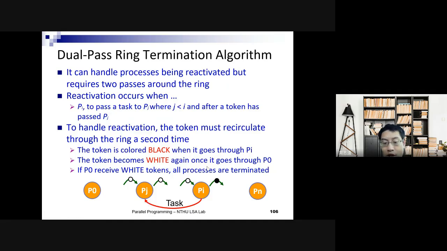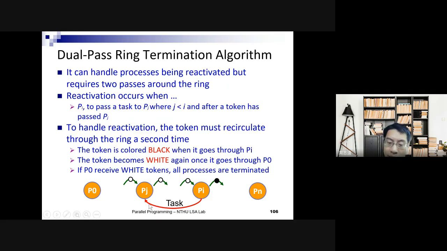Since there's a possibility, in order to make sure no reactivation occurred at all, to be safe, when a backward message happens, the process will color itself black and wait until it receives the token. And when it receives the token, it cannot trust the token because it doesn't know whether the token has passed PJ or not.